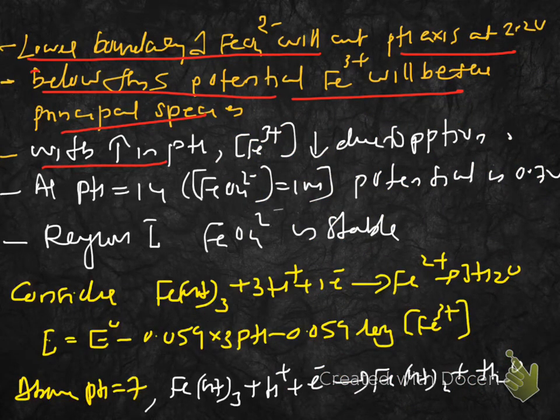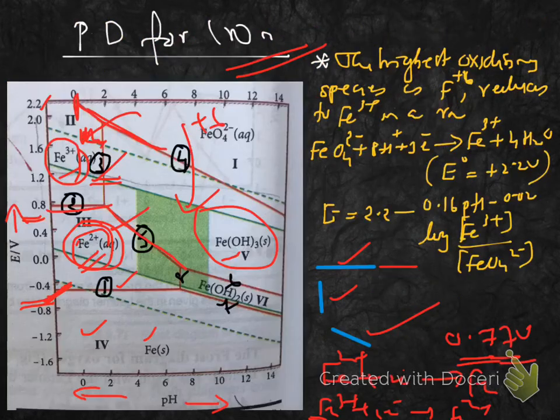With increase in pH, that means when we move towards the right in the graph, Fe3+ concentration will decrease due to precipitation as Fe(OH)3. When we move towards the right, FeO4 2- will get converted to Fe(OH)3. Then Fe3+ concentration decreases.